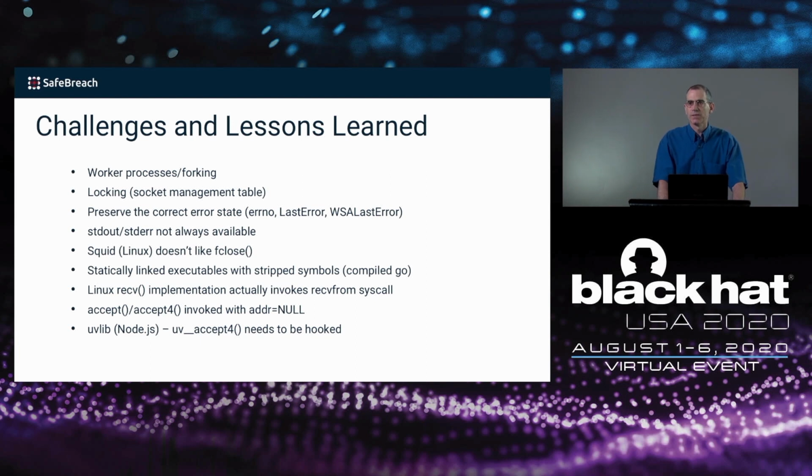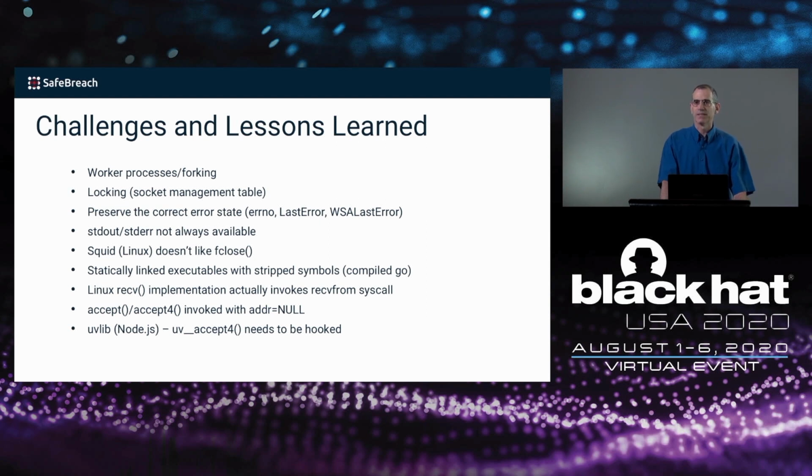Statically linked executables with stripped symbols are a serious problem for my approach, so compiled Go products like Traefik and Caddy are not supported at this time. Interestingly enough, the Linux receive implementation actually invokes the recvfrom syscall. This is a bit surprising. Accept or accept4 are sometimes invoked with the address being null.